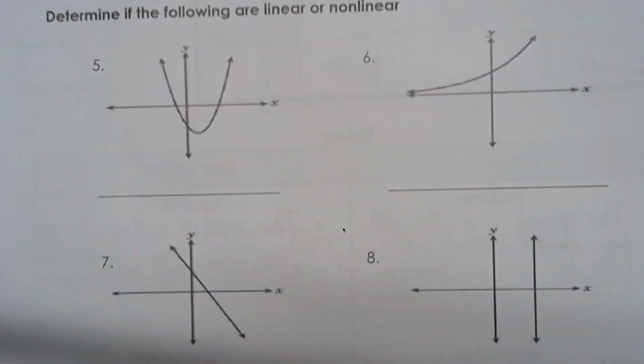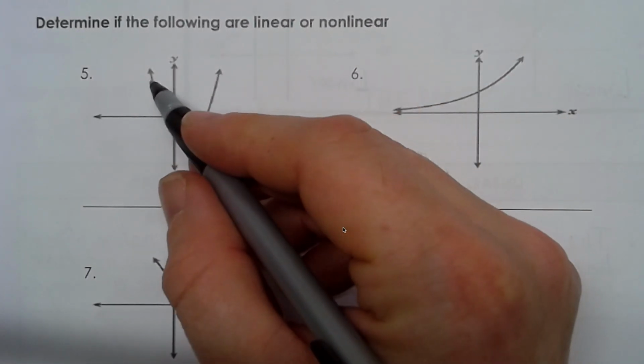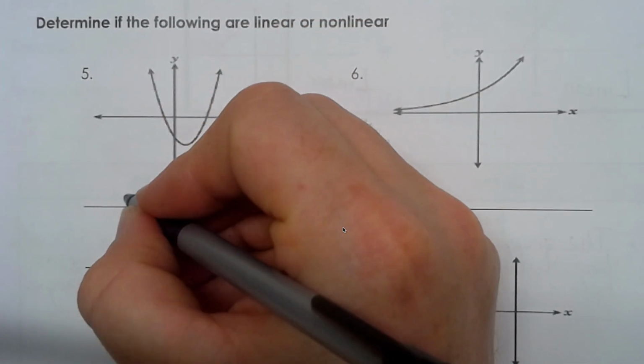Okay, so again from our do now, I know we practiced these in our do now, but if the line is curved, it's nonlinear. If it's a perfectly straight line, then it's a linear relationship. So this is a curved graph, so this is nonlinear.